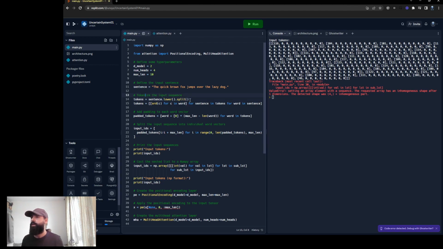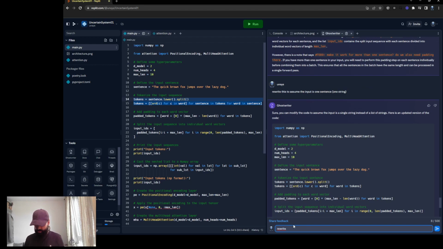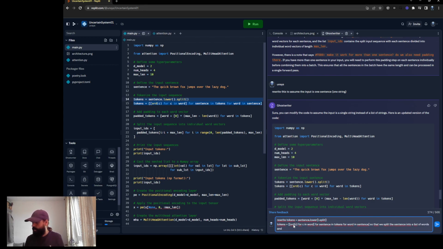So split the sentence into an array of words, a list of words, where each word is a list of characters.